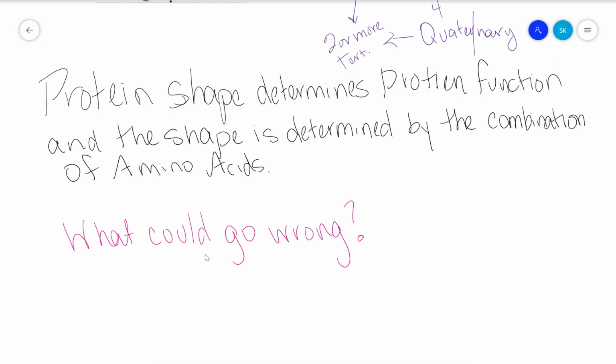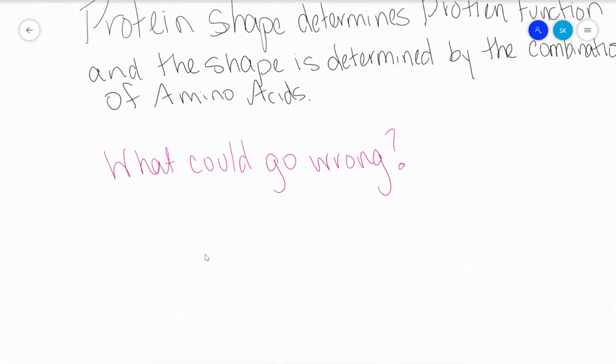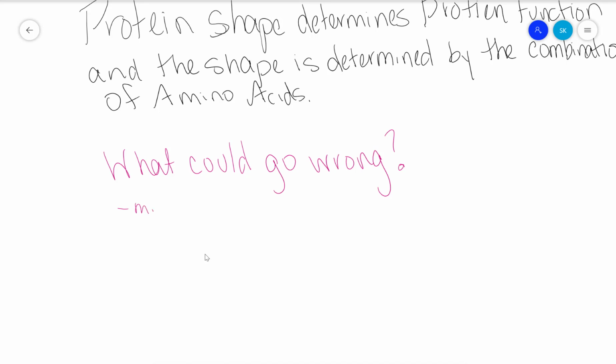Where could this go wrong? Well, considering that amino acid chain came from mRNA, which came from DNA, there's 1,000 places where it could go wrong. All right? So we could have a mistake in the DNA itself. So when we copied it the first time, we made a mistake. We could have a mistake in the mRNA. So when we copied the DNA to the mRNA, we made a mistake.